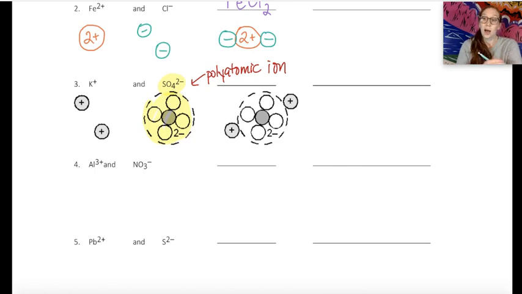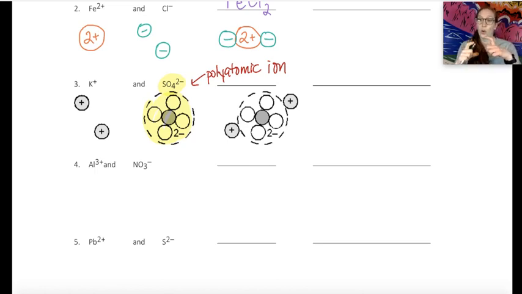But polyatomic means just what you think it is. It has many atoms. So a polyatomic ion is a group of atoms where the whole group of atoms has a charge. When we represent this formula, we put that group of atoms together and we still put that charge up in the top right-hand corner. When we draw our particle diagrams, we put our group of atoms together as our particle diagram, put a dashed circle around the outside, and still put our charge on the inside.